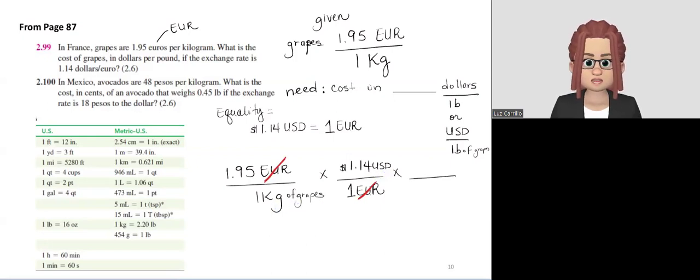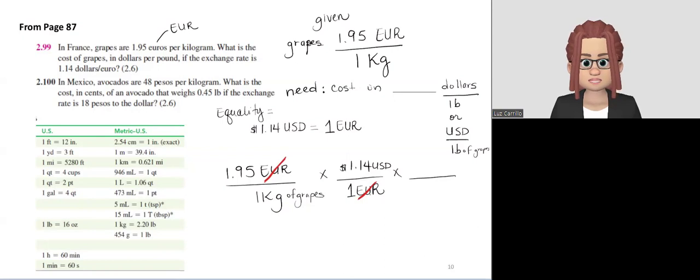The problem is requiring us to change per pound. So if I'm trying to cancel the unit of kilogram, I need to put it diagonally to it. So in the next fraction, I can actually look at the relationship between kilogram and pounds.